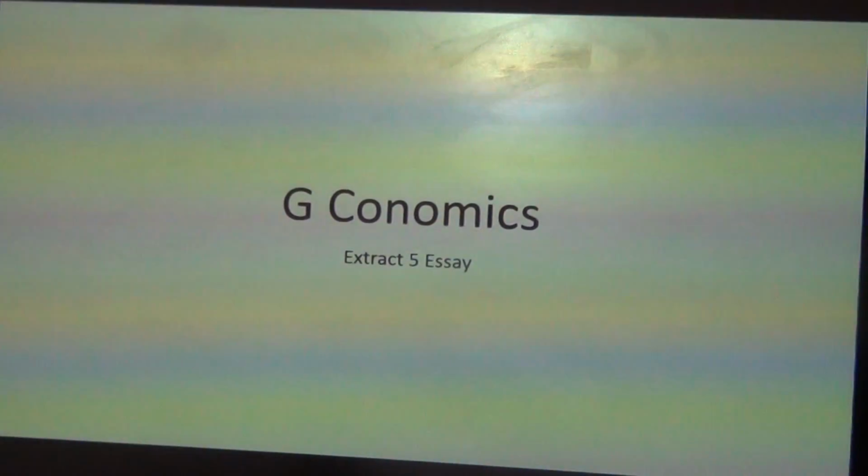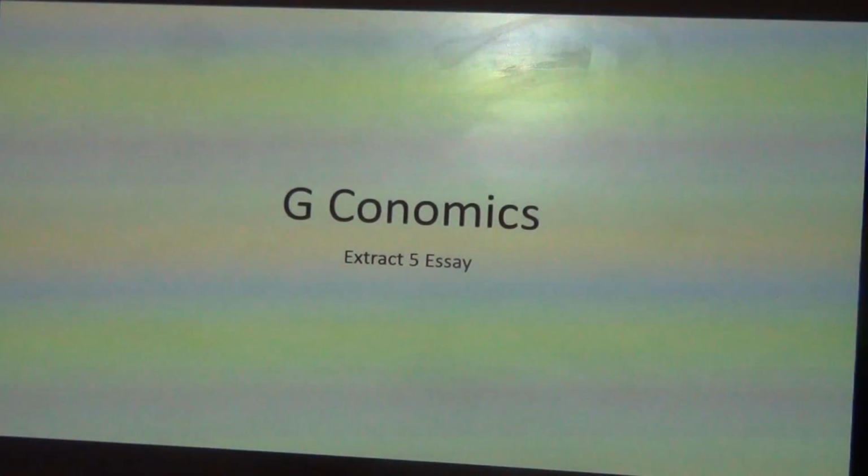And I've mentioned this in an essay which I did previously, talking about the orthodox view and the radical view. I think regardless of what the question is, you're going to need to be au fait with the advantages and disadvantages associated with globalization and be able to include some micro and macro diagrams where appropriate.